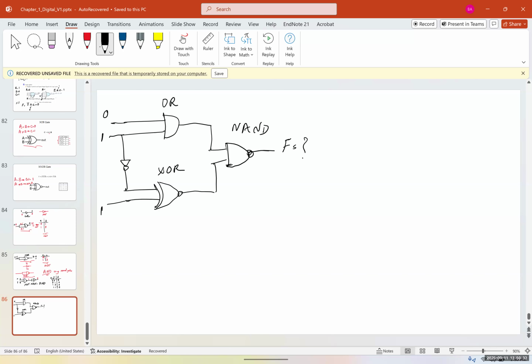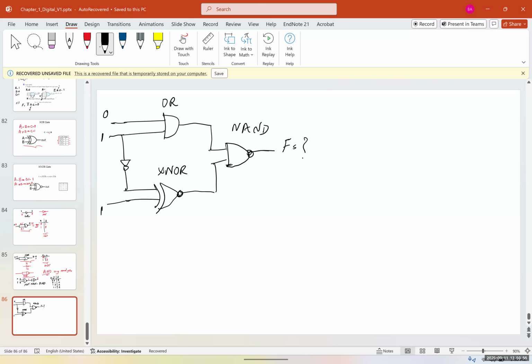Yes, XOR. I'm sorry, XNOR. My pen doesn't work well, so it shifts. So it's an XNOR, not an XOR.